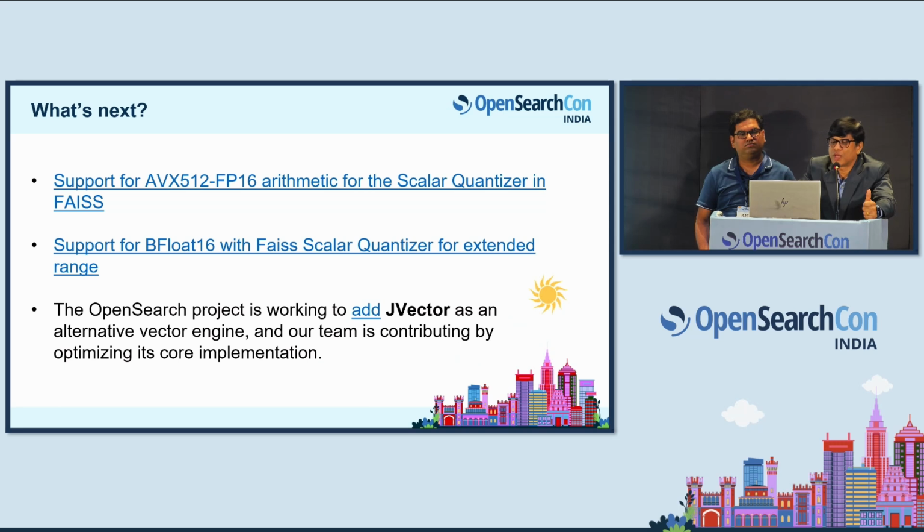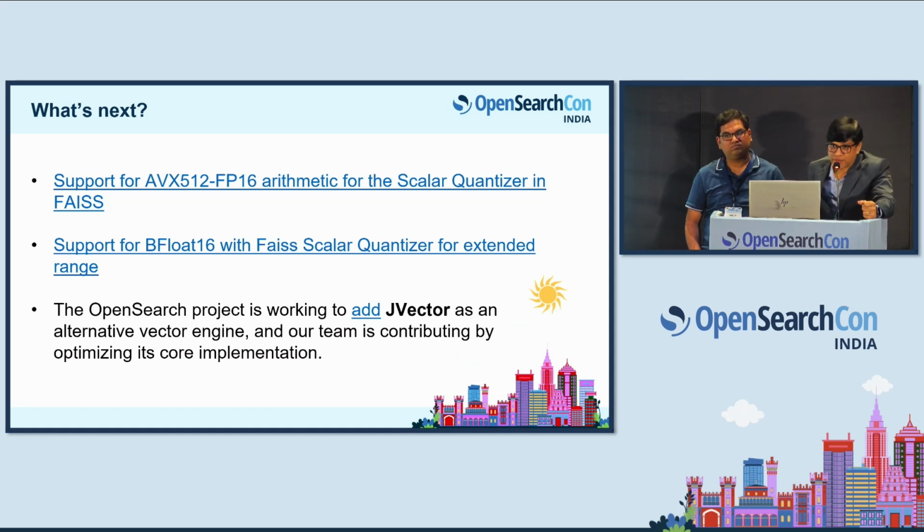Then we have another interesting project. I'm not sure how many of you are aware of JVector. JVector is a library similar to FAISS but written in pure Java. There is a concept called the Java Vector API, available in the Java ecosystem from Java 16 onwards, which supports rewriting your scalar code in a vectorized way so that it can take advantage of vectorized instructions and vectorized hardware. So we are working on the optimization of JVector.